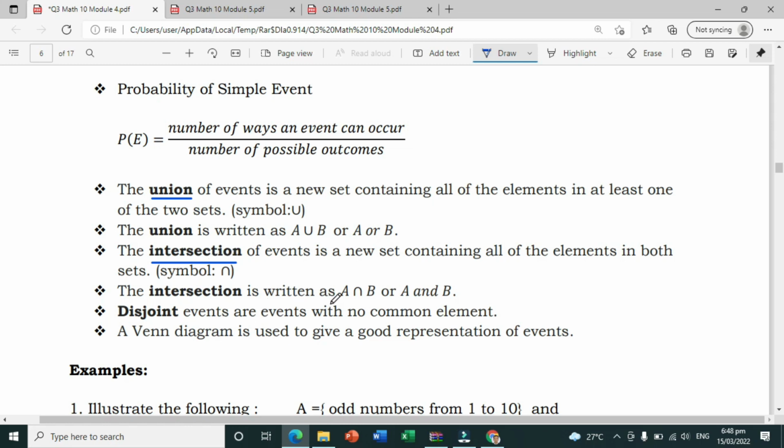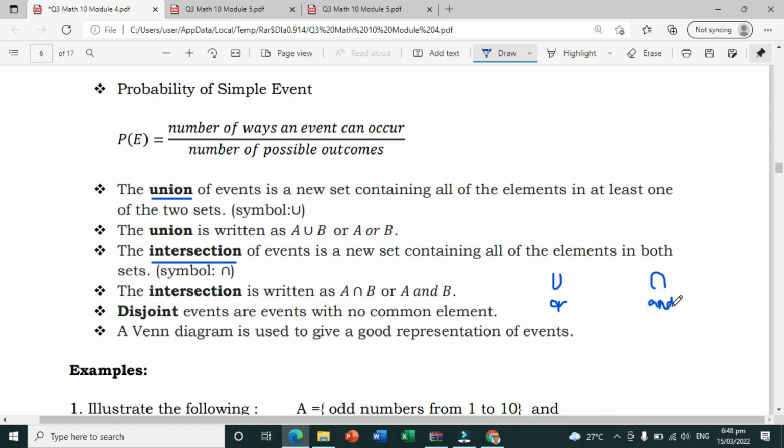The intersection is written as A, then the intersection symbol, B, or A and B. So, take note, for union, it is like this, and for intersection, like this. Take note of the connectors or conjunctions to be used. For union, we use OR. For intersection, we use AND.